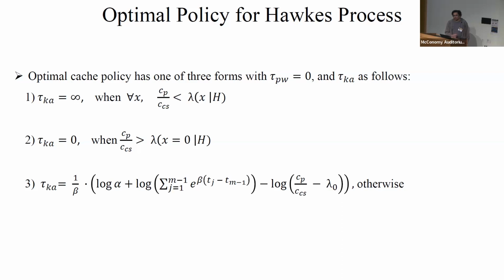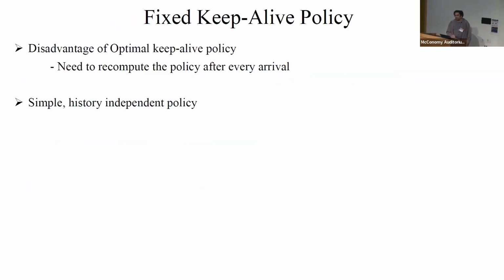One thing you notice when looking at this optimal policy is that it is history dependent, meaning that you have to compute this optimal policy after every arrival. So a simpler and more advantageous policy would be a history independent policy. In fact, the fixed keep-alive window is the simplest history independent policy.